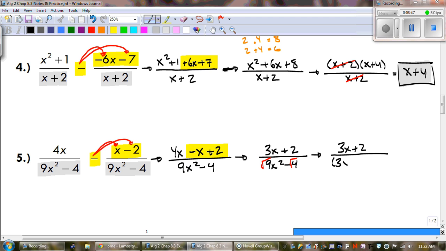The square root of 9x squared is 3x, and the square root of 4 is 2. So we get 3x plus 2 and 3x minus 2. My 3x plus 2's cancel, and then we're left with 1 over 3x minus 2.